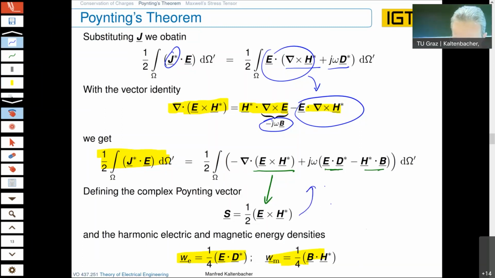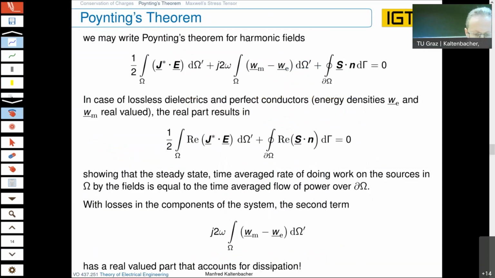which we will substitute in here. That means that putting now all to the left-hand side, we see that the Poynting theorem we had already discussed in the time domain, in the frequency domain, is now our first term here, where we have the current density and the electric field, which is an ohmic term, as we know.